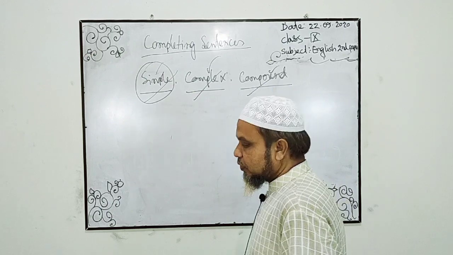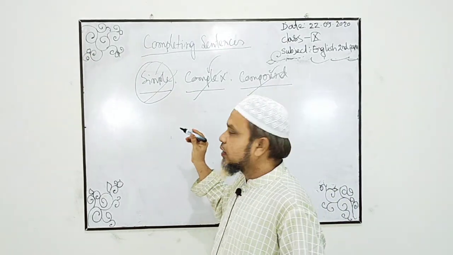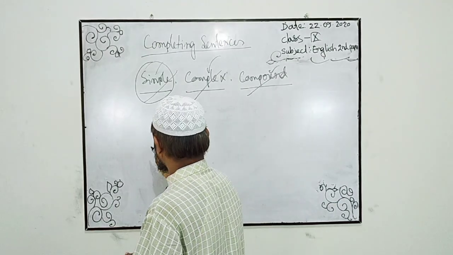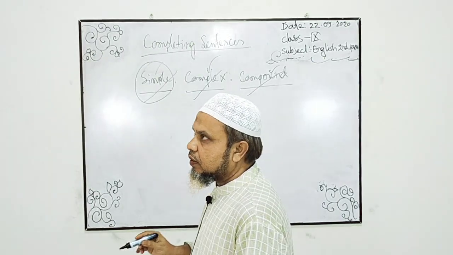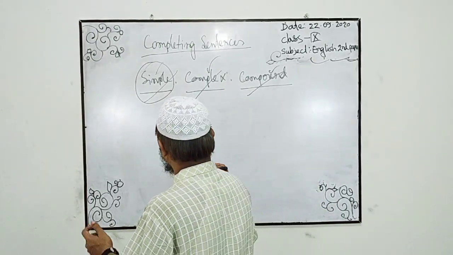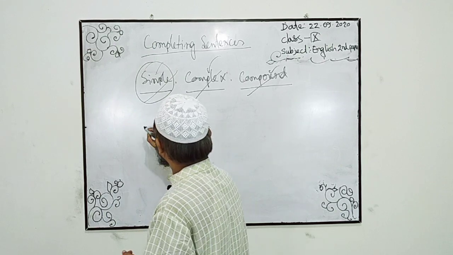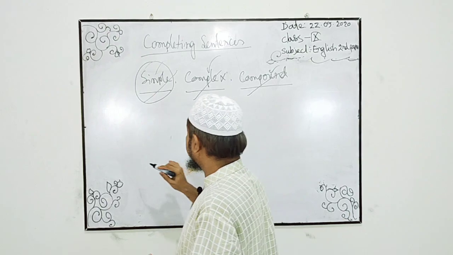Another is compound. A compound sentence has two principal clauses, and these clauses we join with the words "or" and "but."